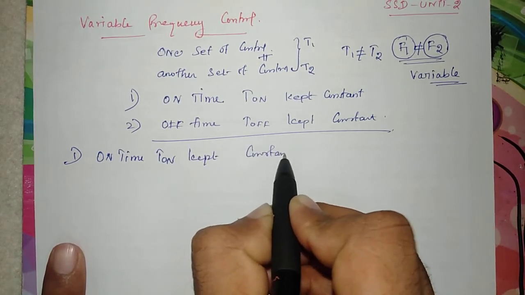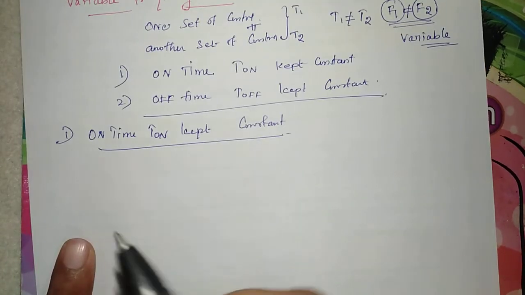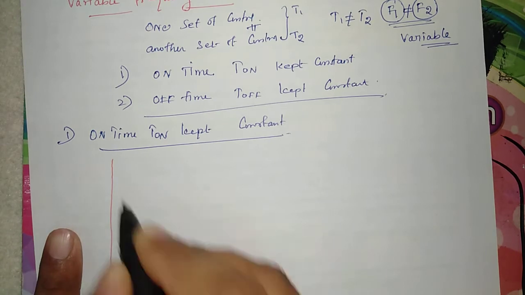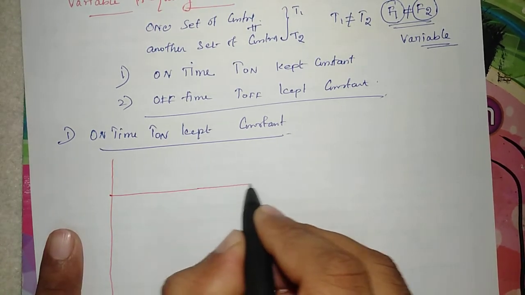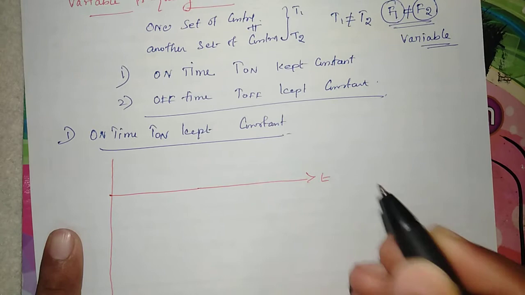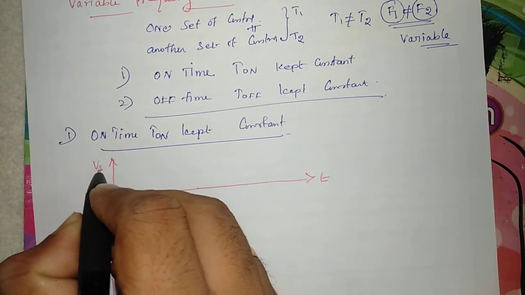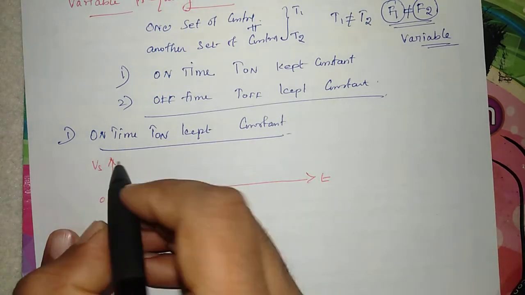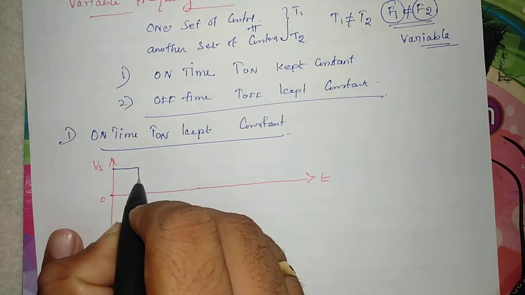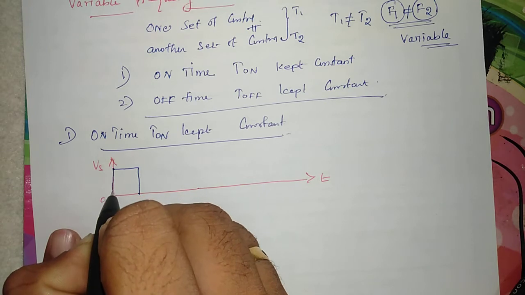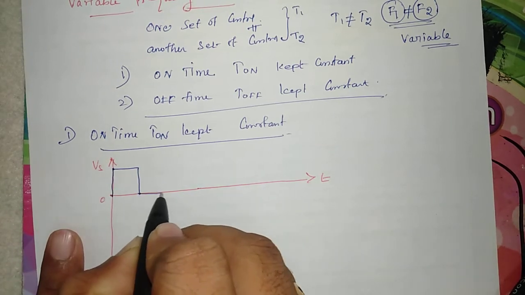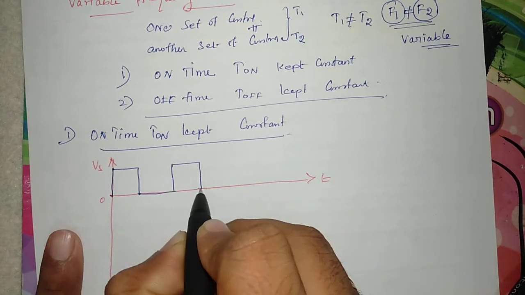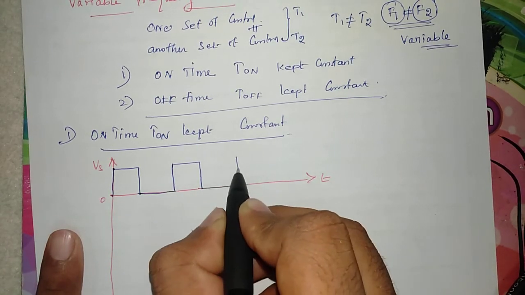How can we make this kind of set of control? Initially, as usual, we are going to draw a y-axis and x-axis. X-axis should be T, y-axis should be supply voltage starting from 0. Initially we are making one set of control, that is one on time and one off time, and one on time and one off time.